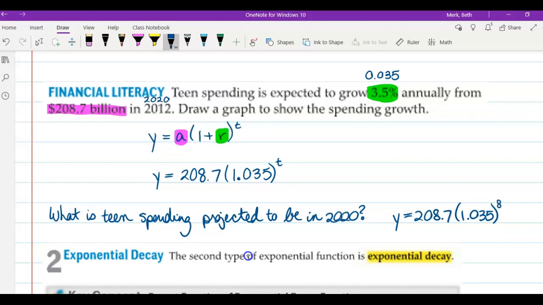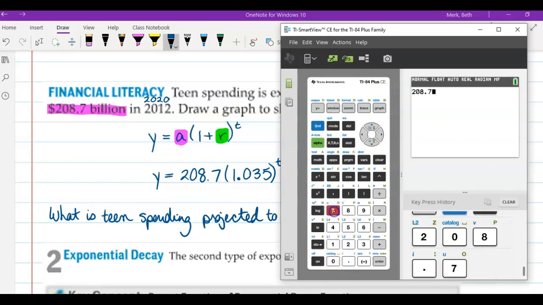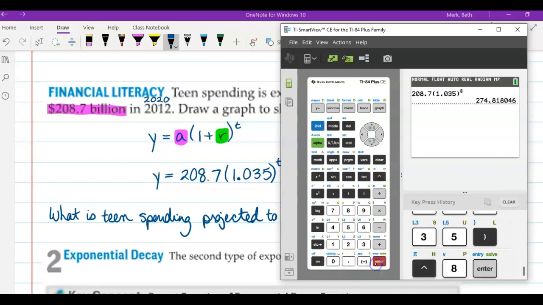Well, that would be an 8. And then we'll type that onto our calculator. We'll type in 208.7 parentheses 1.035 to the 8th. That means they're projecting the spending to be $274.8 billion.